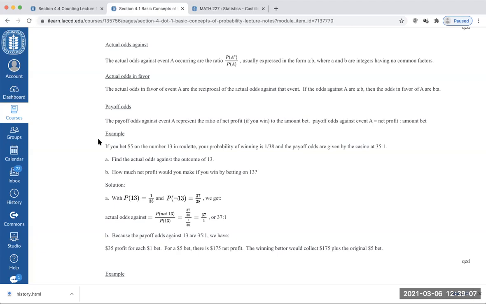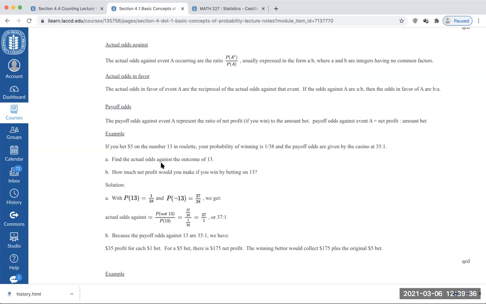So the probability of the ball falling into any of those slots is 1 out of 38. The payoff odds are given by the casino as 35 to 1. So they're going to make a little bit of money there in the long run.